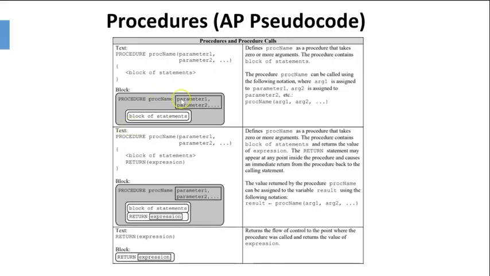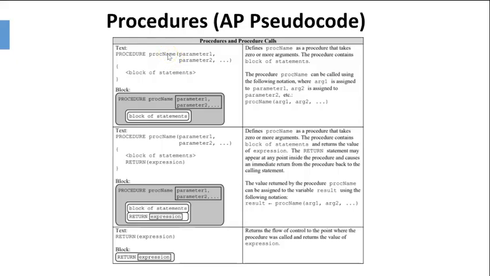But first, we want to look at the two different templates that the College Board has given you in your AP pseudocode reference. The first template here says procedure, proc name, parameter 1, parameter 2, and so on, and then a block of statements. So this is a procedure, and it says proc name, but that's just a placeholder.